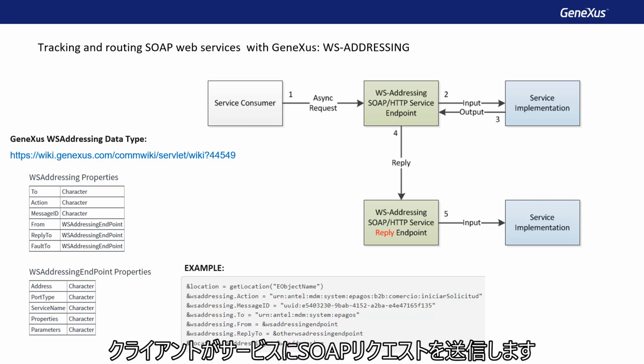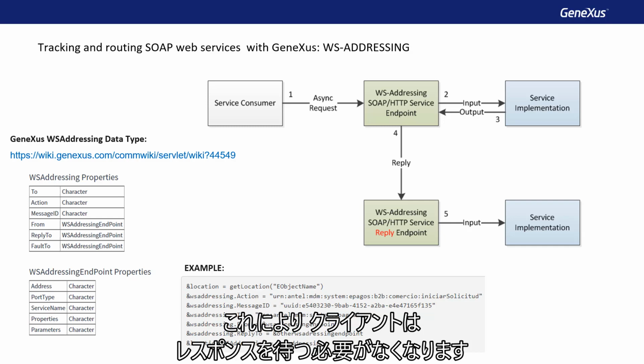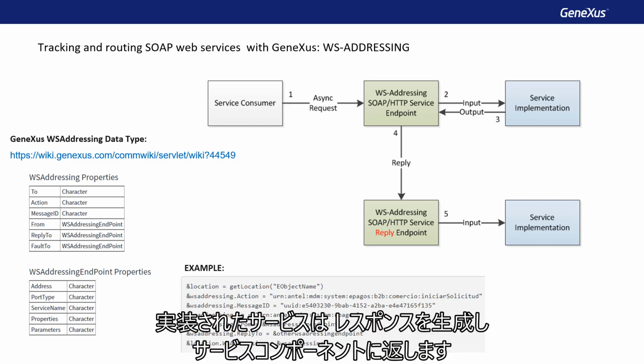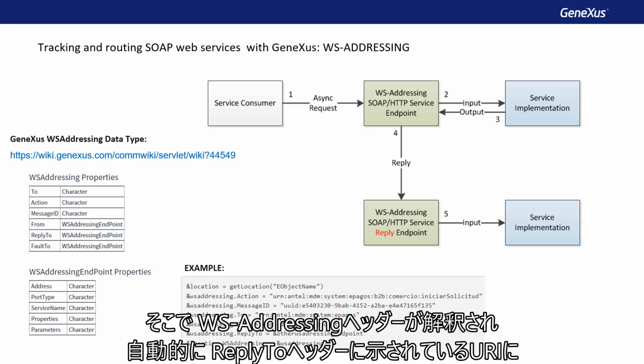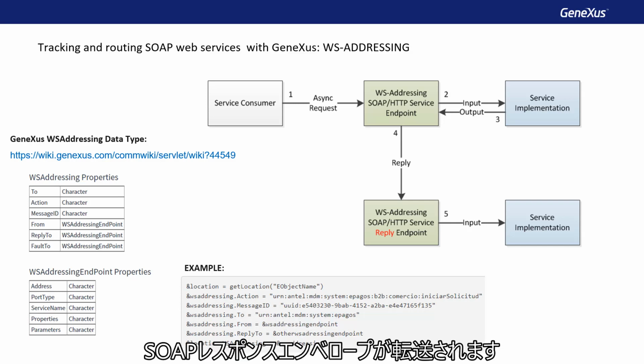The client sends a SOAP request to the service, and the service infrastructure must handle the request asynchronously, so that the client does not have to wait for the response. The service implementation generates a response and returns it to the service component, which interprets the WS addressing headers and automatically forwards the SOAP response envelope to the URI mentioned in the reply to header.